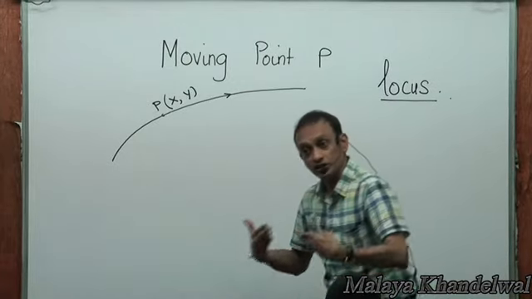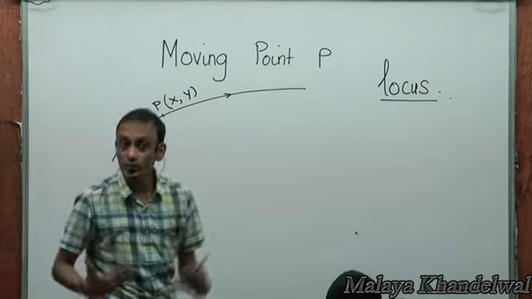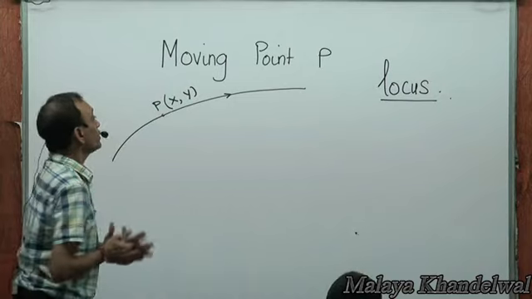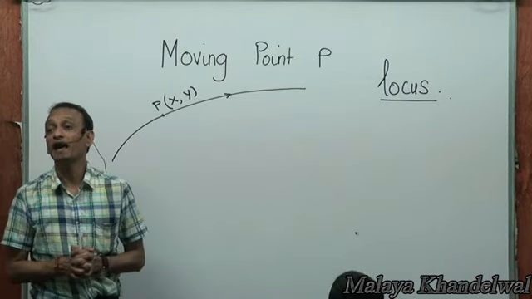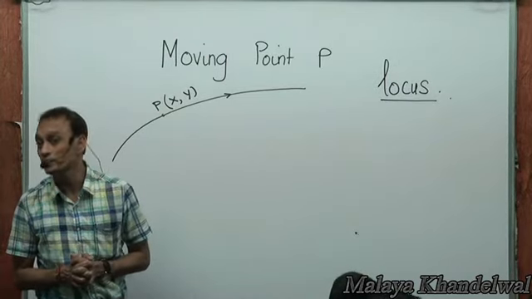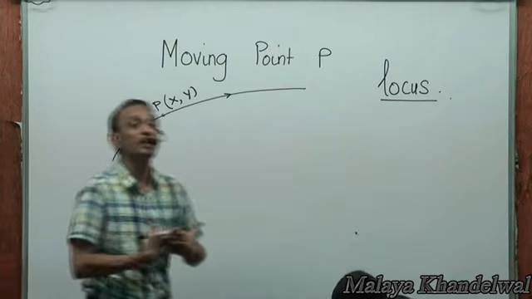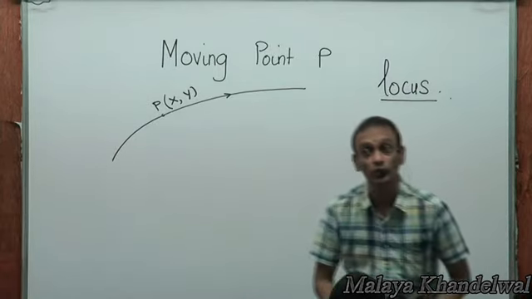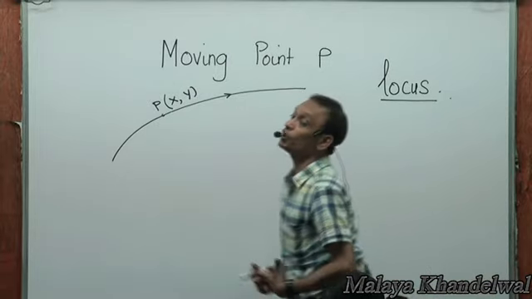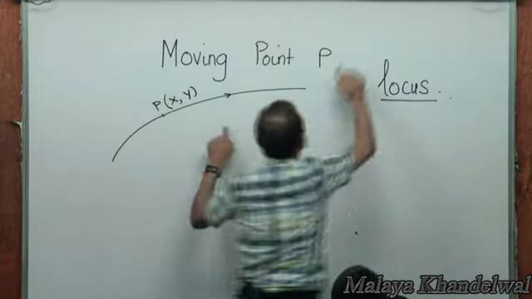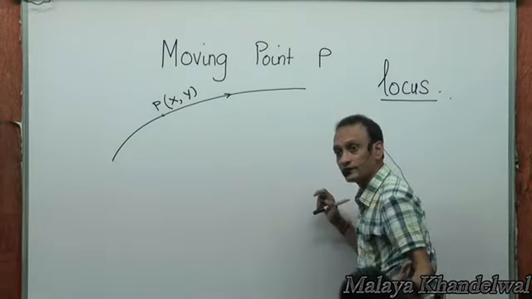An algebraic relationship that would connect the x and y coordinates of this moving point is called the equation of the locus. So we have this locus, which is essentially the trajectory, right?